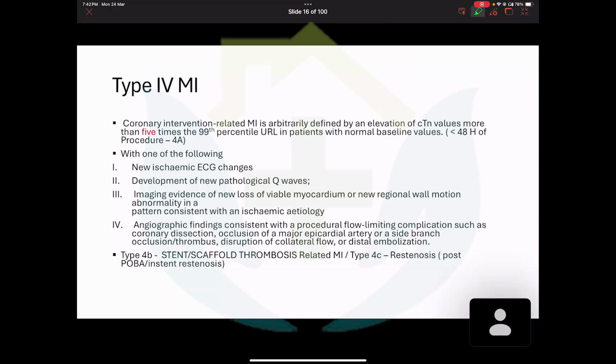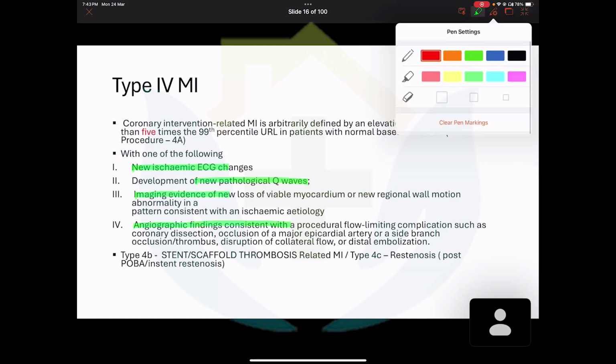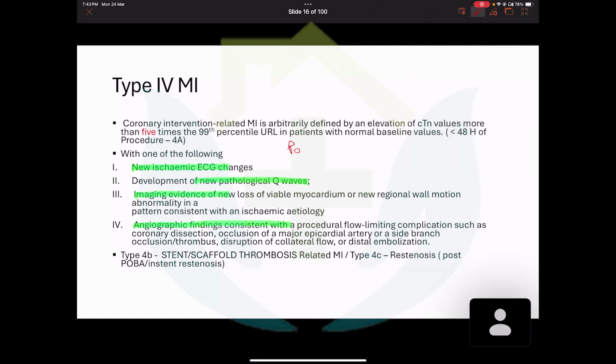In type 4 AMI, there will be fresh Q wave changes, imaging evidence, echocardiography, and angiographic findings. The only thing absent are the clinical features because it is post-procedure. So the clinical feature, that is the typical chest pain, will not be there. So the clinical feature is classically absent.